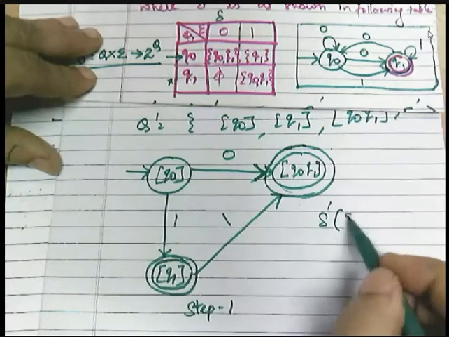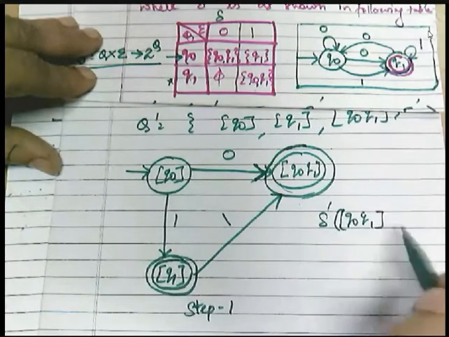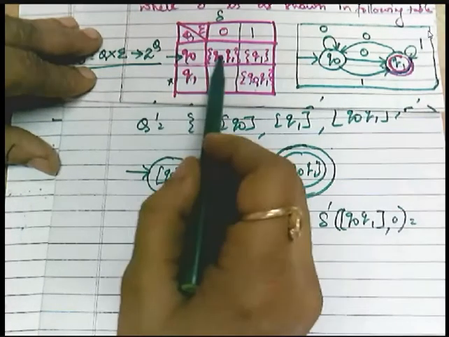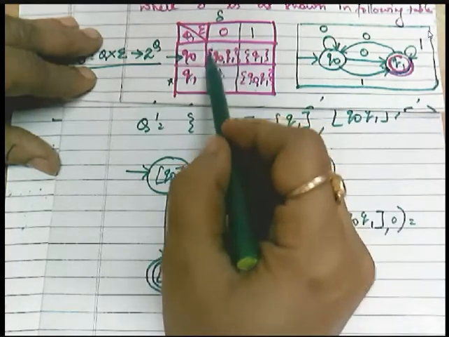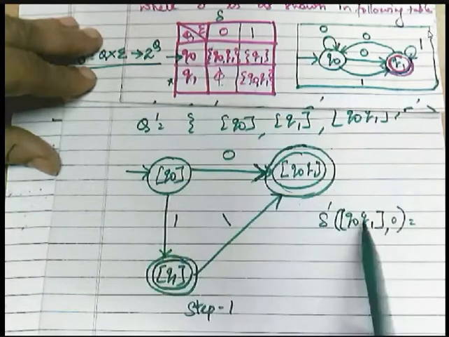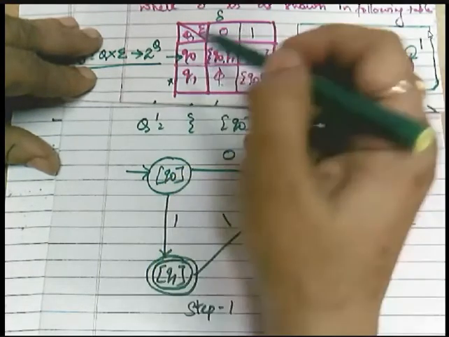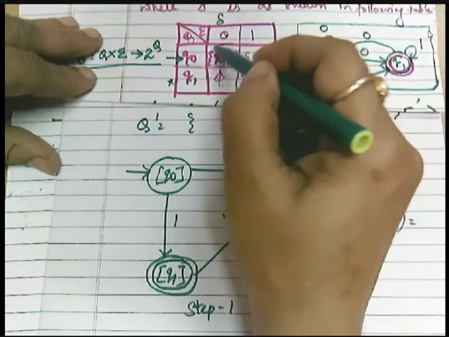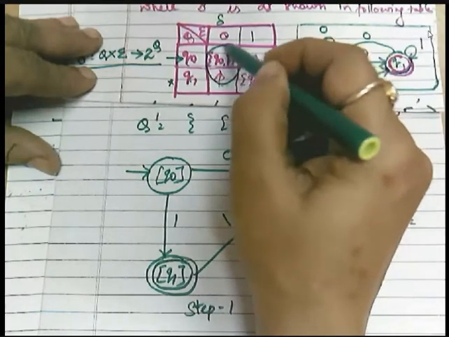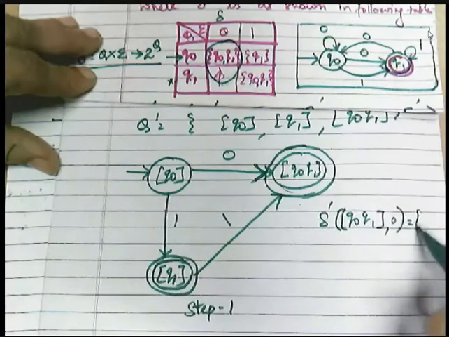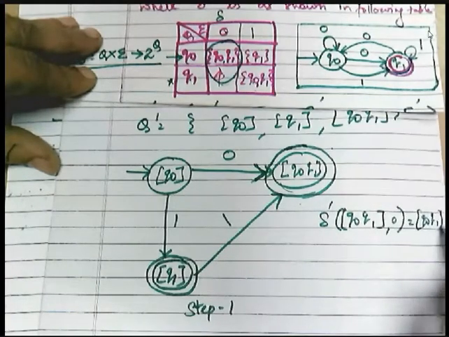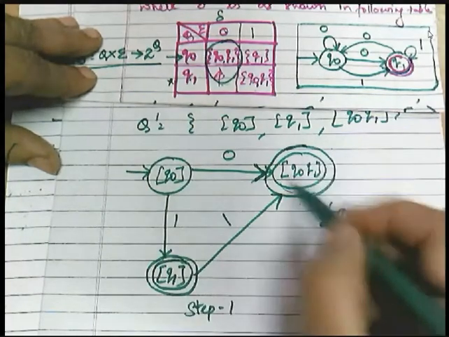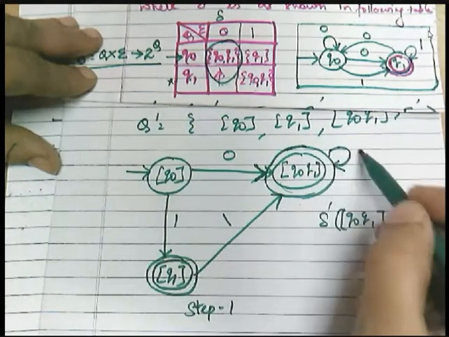For Q0, Q1 on 0, we need to find out the union of Q0 on 0 and Q1 on 0, because it contains Q0 and Q1. The union of these will be your next state information. Its union is Q0, Q1. As it is already here, I will just mark it like this.